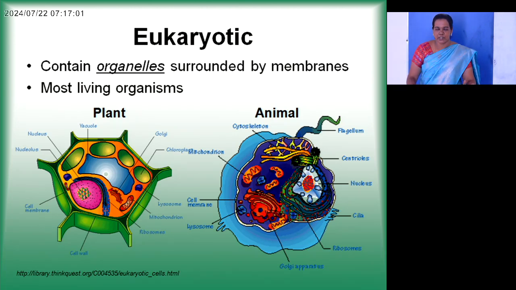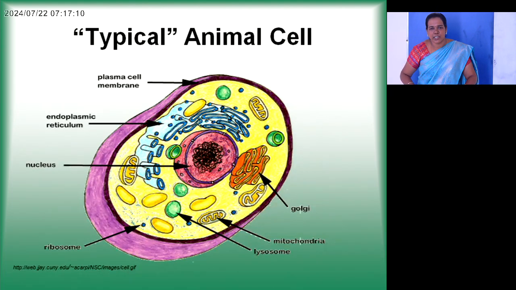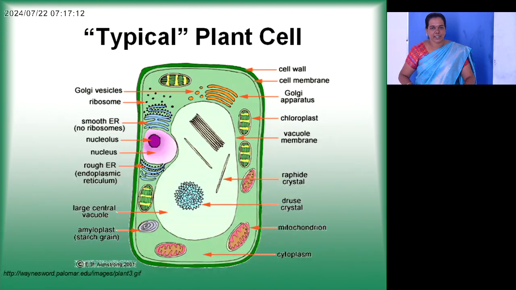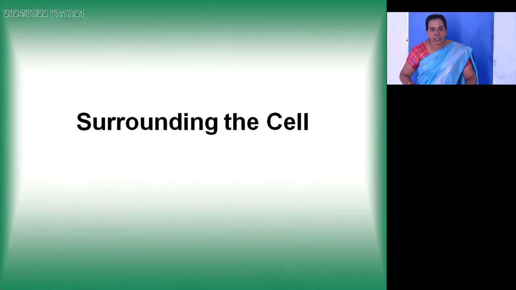The primitive structures like bacteria have prokaryotic cells, and the basic difference between both of them is the membrane-bound cell organelles. This is the structure of a typical animal cell, and this is the structure of a typical plant cell. Hereafter we will see the functions and structures of these cell organelles one by one.